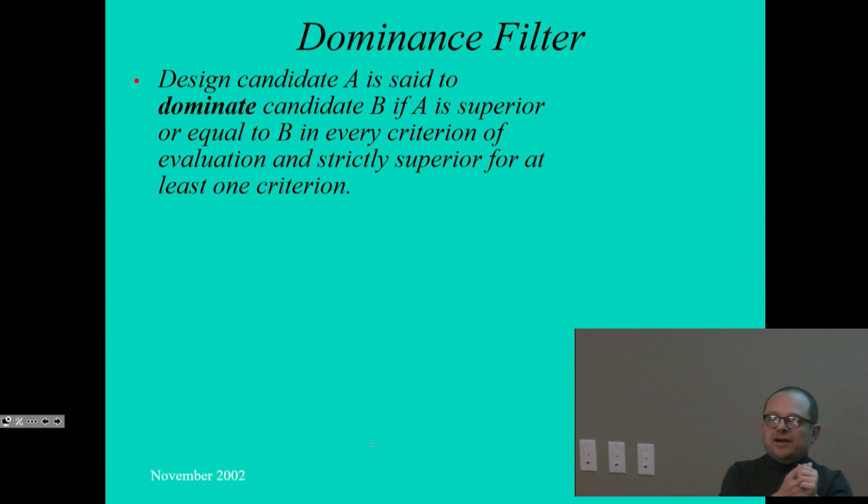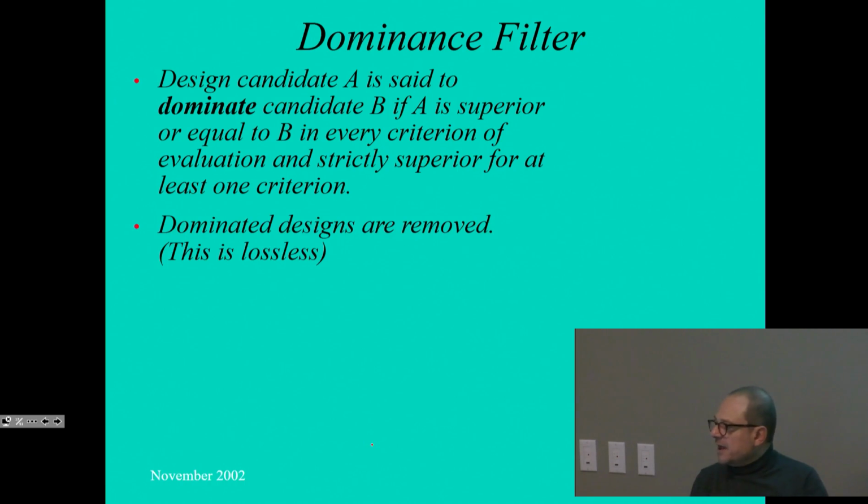It doesn't accelerate as well. The fuel economy is not as good. Why would you want that car, right? So we looked for designs that completely dominated the other ones. Dominated designs, those that are clearly inferior in every criterion, are removed.